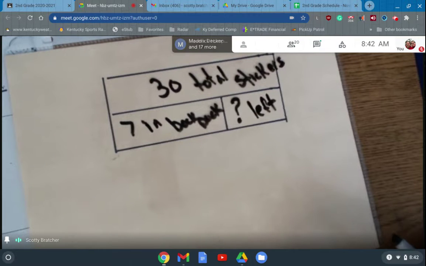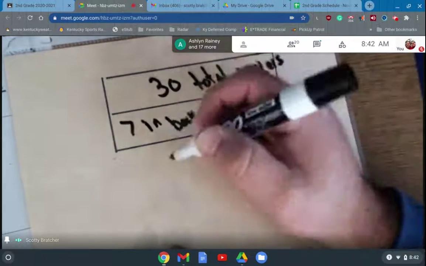Okay? A missing add-in problem always turns into what? Who can tell me? Maddox. A missing add-in problem always turns into a subtraction problem. Because look, I'm going to show you.